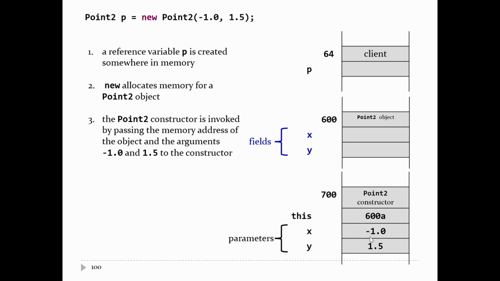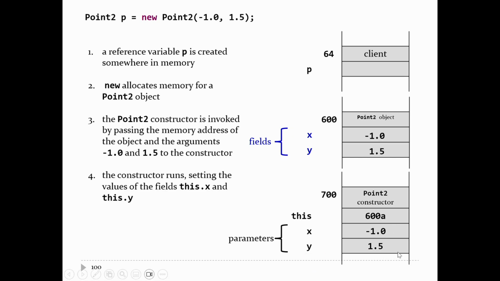And this.y, that field there, gets set to that value of y there. And so the Point2 object gets its fields set to -1 and 1.5. Finally, new returns the address of the object that was just created and initialized. So the caller gets back a variable p that refers to the newly created point.